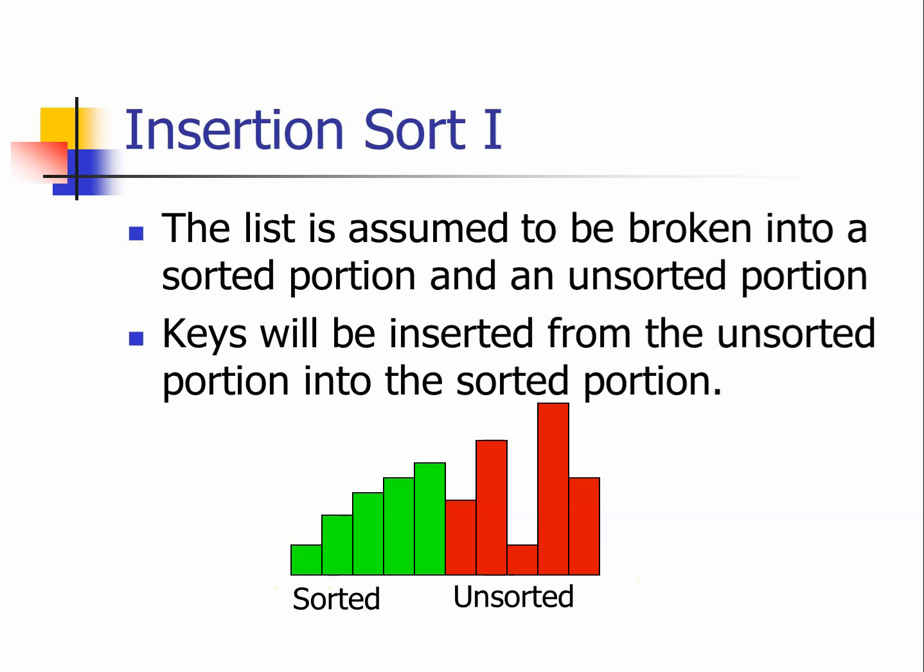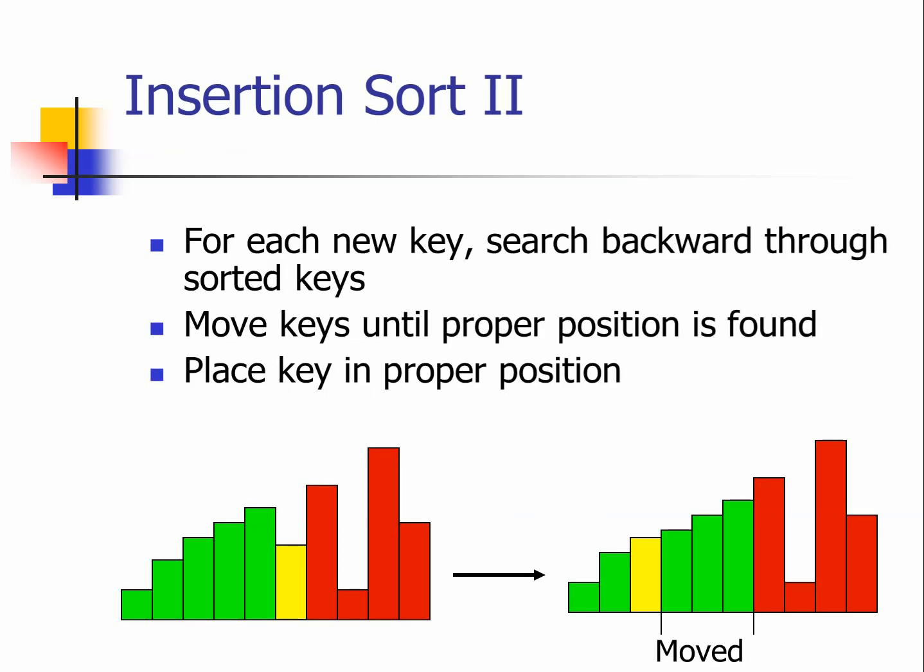We try to start with this concept, and then work on one item at a time. In this example, we look at the yellow one, which is the target. We try to merge this item into the left part, the green portion.